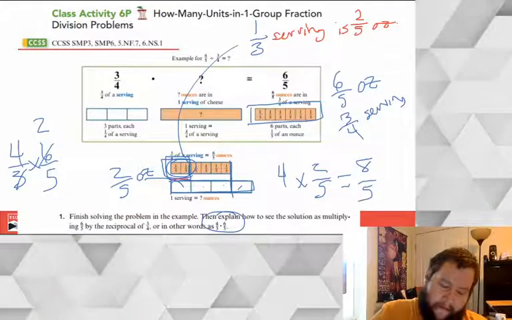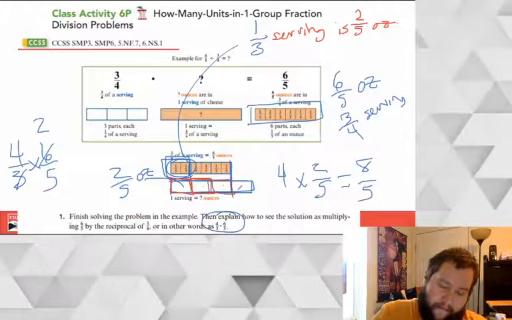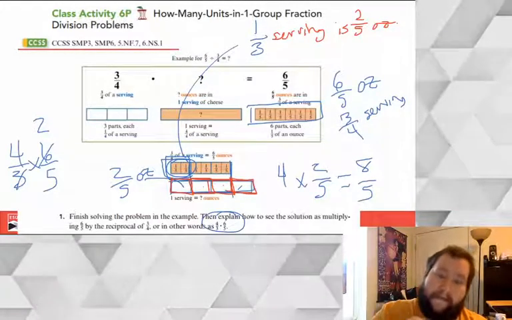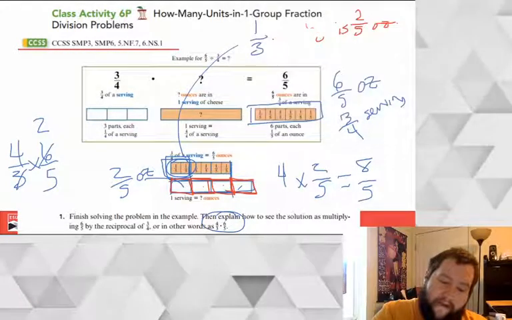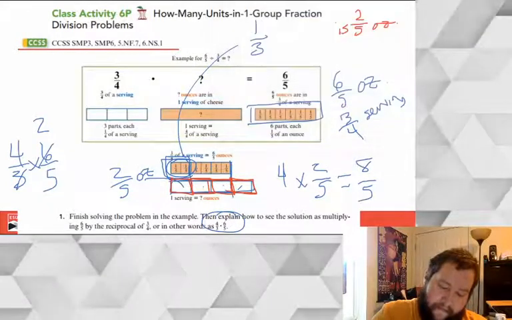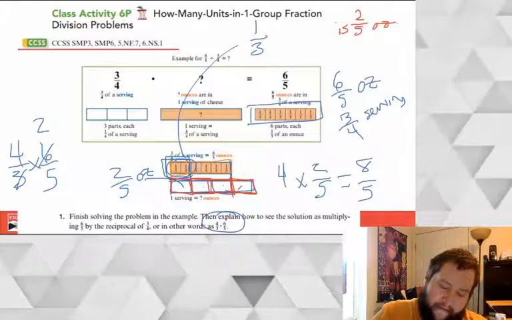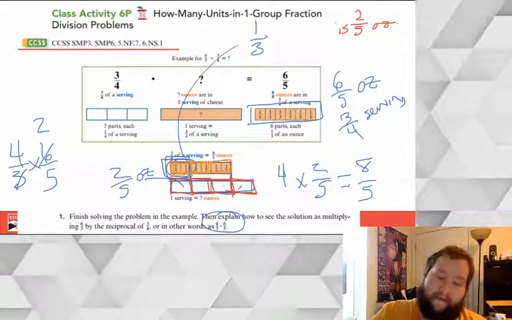And we have 1, 2, 3, 4 of those. And I need to be precise because it's not 1/3 of a serving. It's 1/3 of what we were given, 1/3 of our 6/5. So 1/3 of what we had, of what we know, is that third.